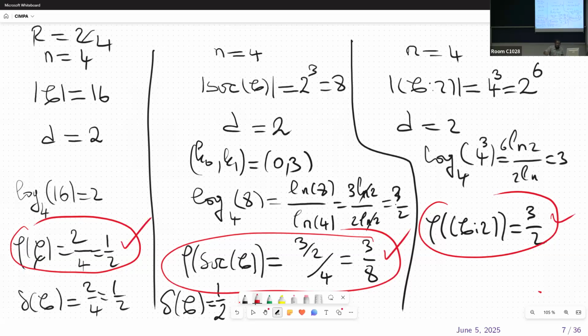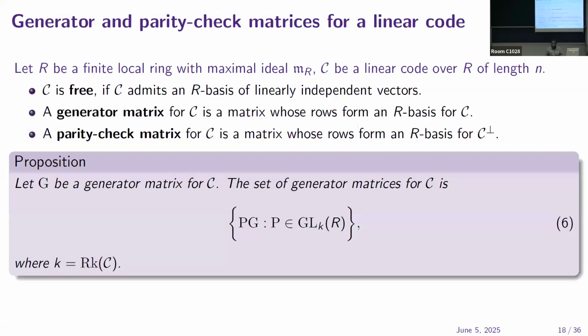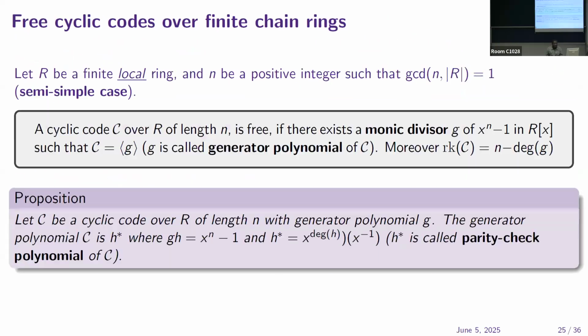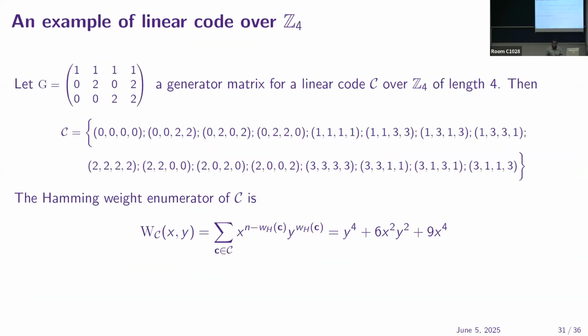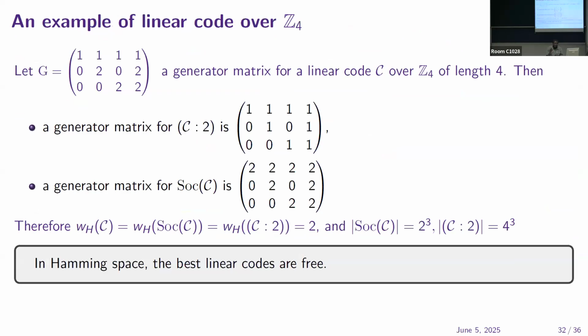We have these conclusions of this remark. Under Hamming distance, the best linear codes are free.